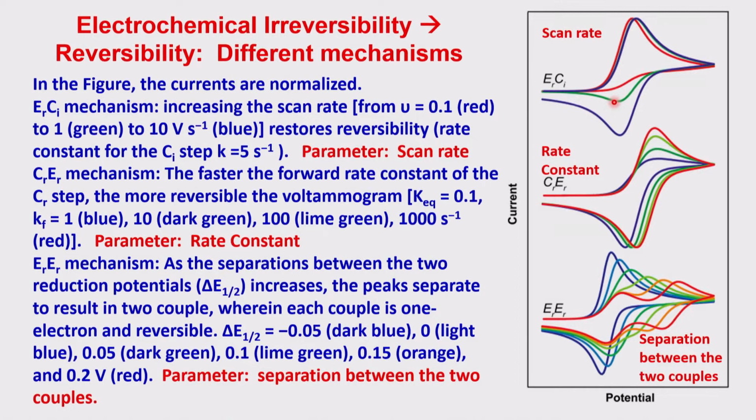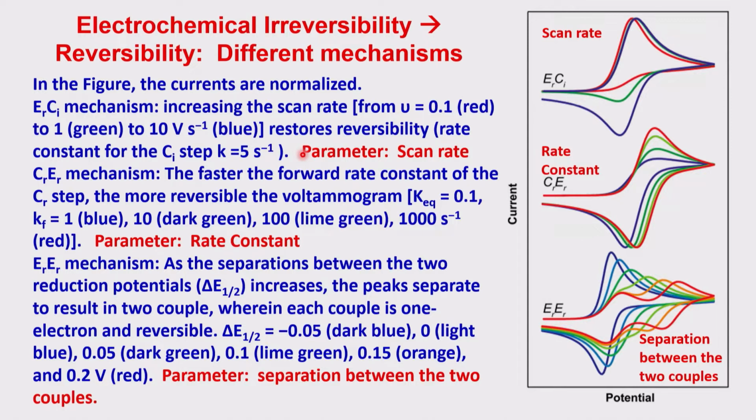So it's not reversible. The red one is not reversible, the green one is not reversible, but now the blue one is reversible, because you are not changing the molecule, you are not changing the analyte, you are only changing the rate at which you are measuring the voltammogram, that is the potential sweep that you are making. So the scan rate becomes so fast that it can become reversible.